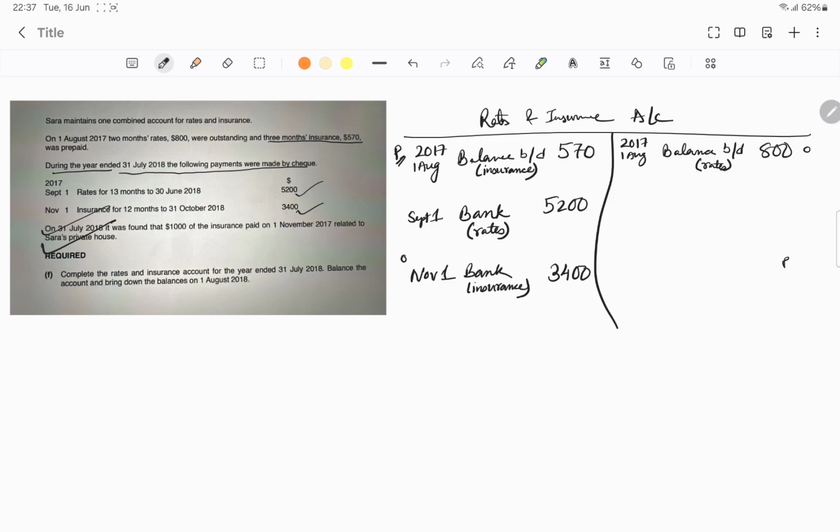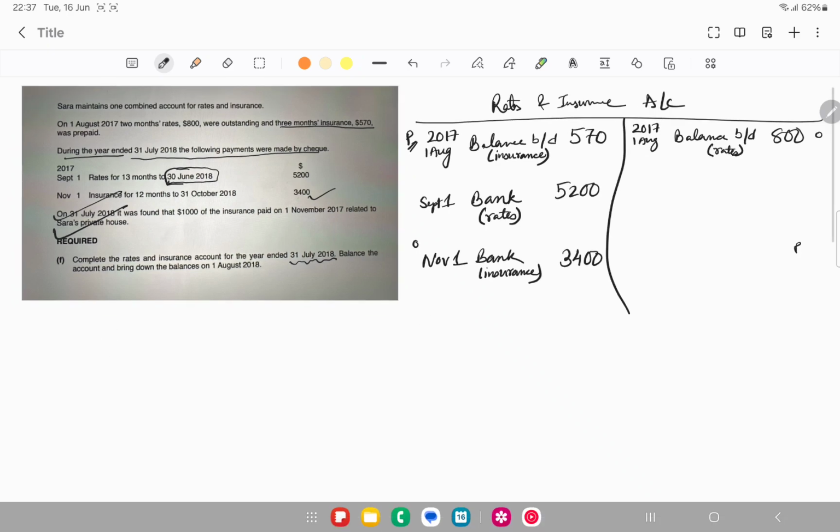Let us check if there is any prepaid or outstanding. Rates for 13 months up to 30th June 2018 have been paid here. But our accounting period ends on 31st of July, so we have 1 month of rates that is still owed, still accrued. Closing owed comes on the credit side.